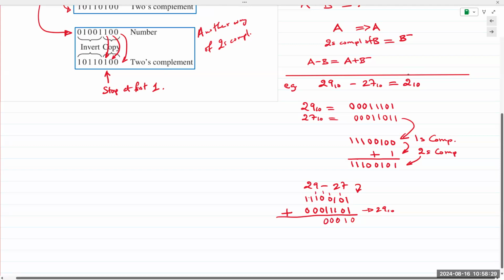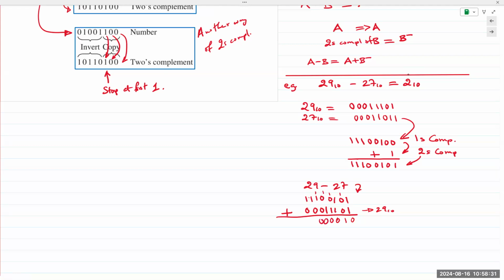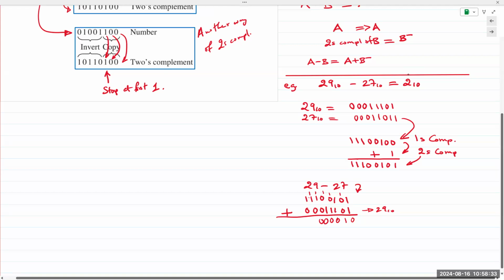Again 0 and 1, 0 and 1, 0 and 1, 0 and 1.